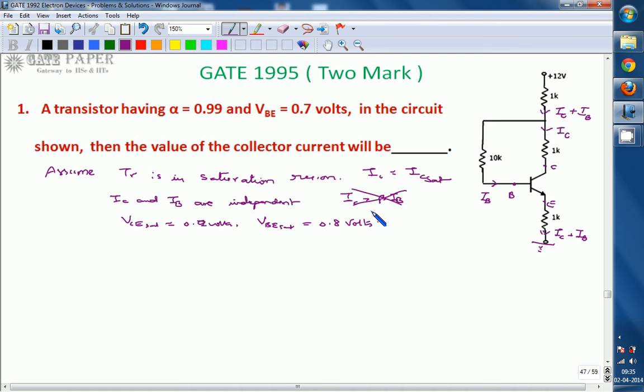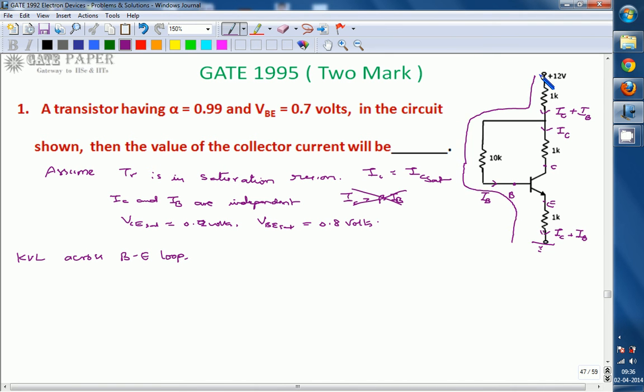Now apply KVL across the base emitter loop. Starting from 12 volts and moving in this way, that is 12 volts, 1 kilo ohm resistor, 10 kilo ohm resistor, next VBE, and next the 1 kilo ohm resistor towards ground.